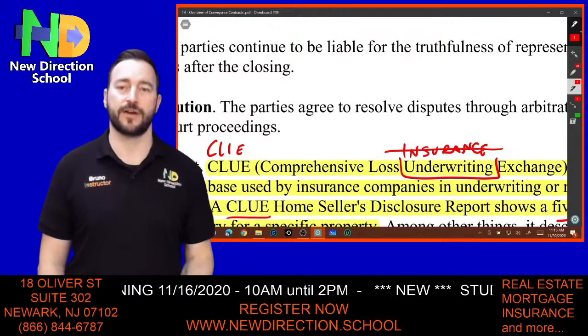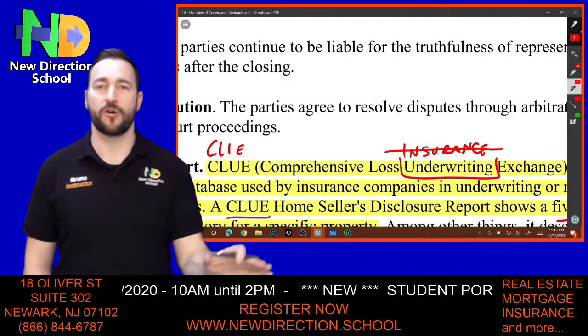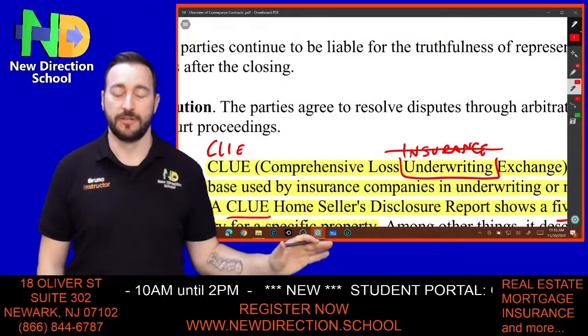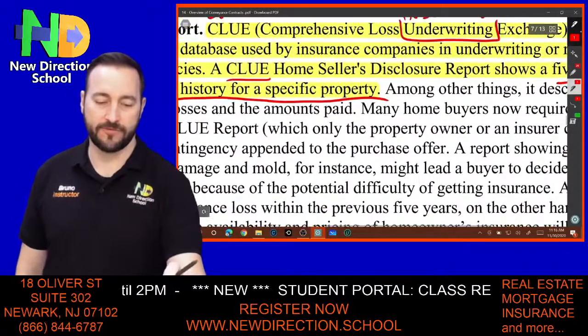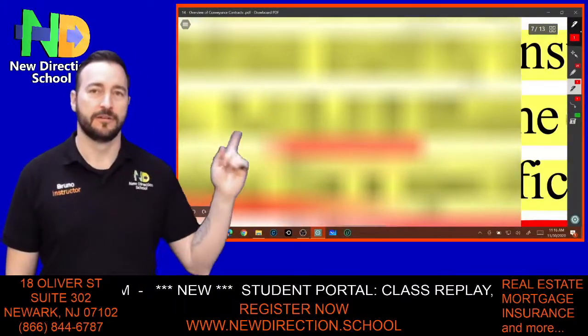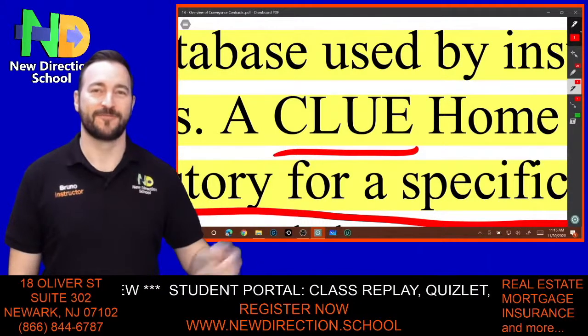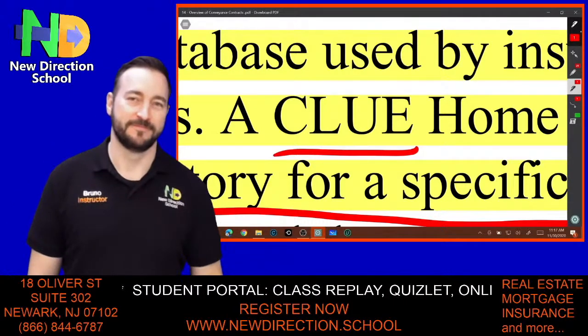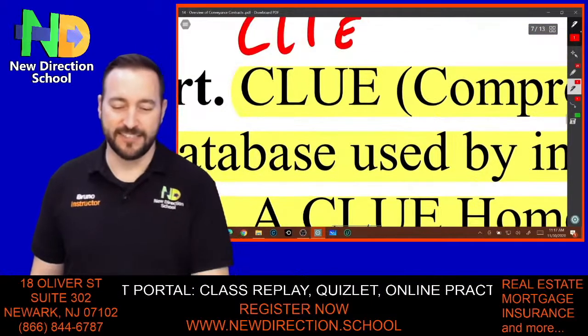It's not. It's underwriting, because underwriting means risk assessment. But don't worry, if you have no clue what to answer, just look for whatever matches the acronym CLUE. That's all. If you have no clue what to answer, look for the acronym CLUE. Okay? Besides, CLE doesn't even sound right.